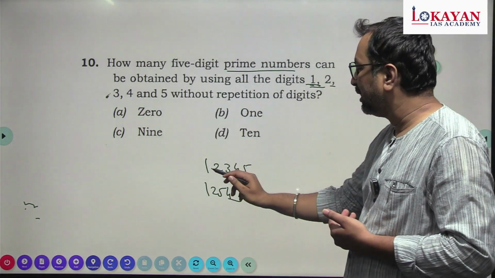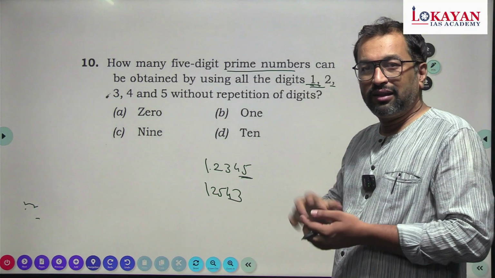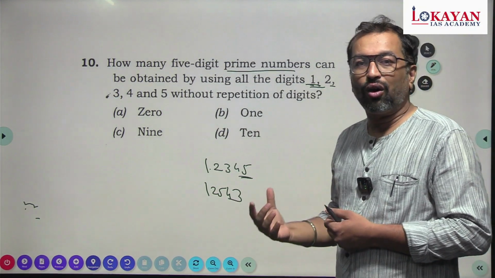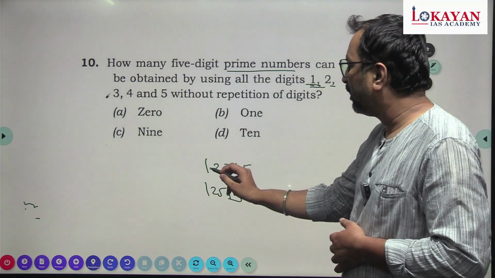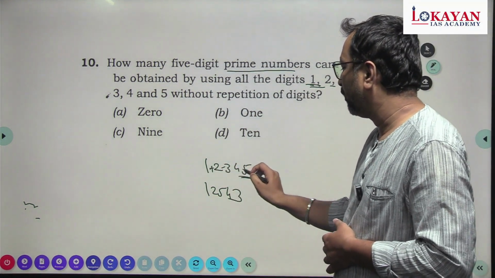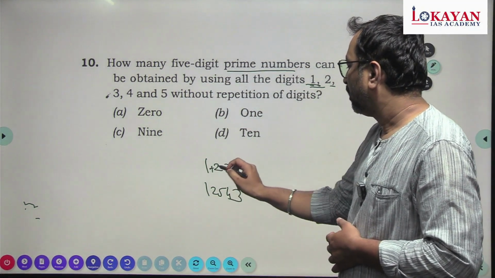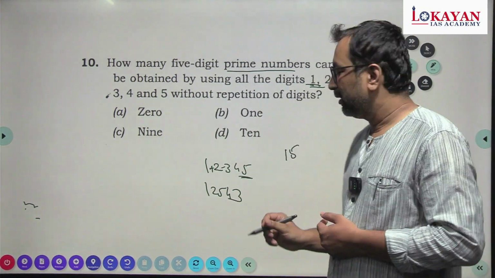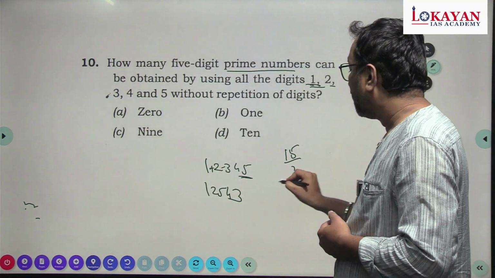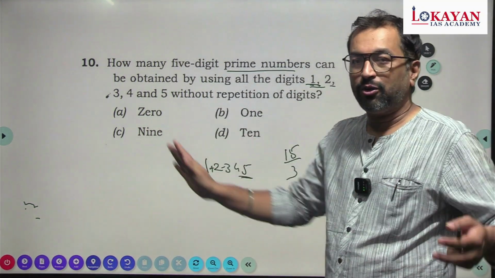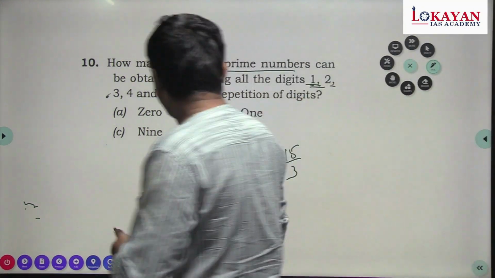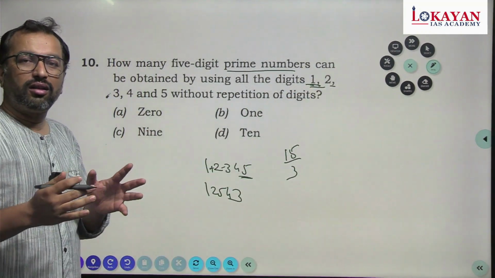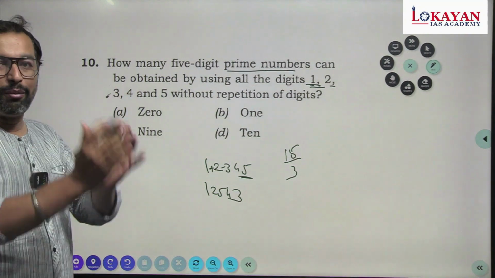Just look at these digits and add them. Just see whether it comes under any test or not. So after adding all the digits, 1 plus 2 plus 3 plus 4 plus 5, it gives me an addition of 15. And what does that tell me? That this number is divisible by 3, irrespective of any rearrangement. Because they have asked us to use all the digits, the sum is always going to be 15.